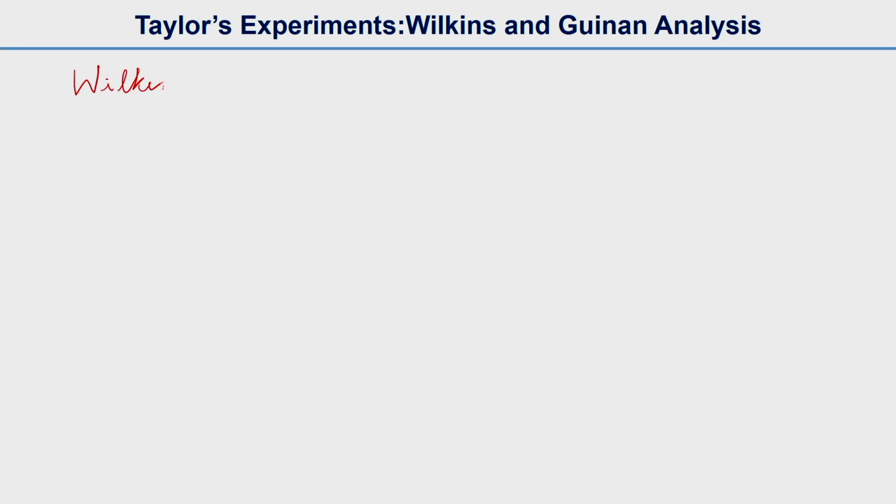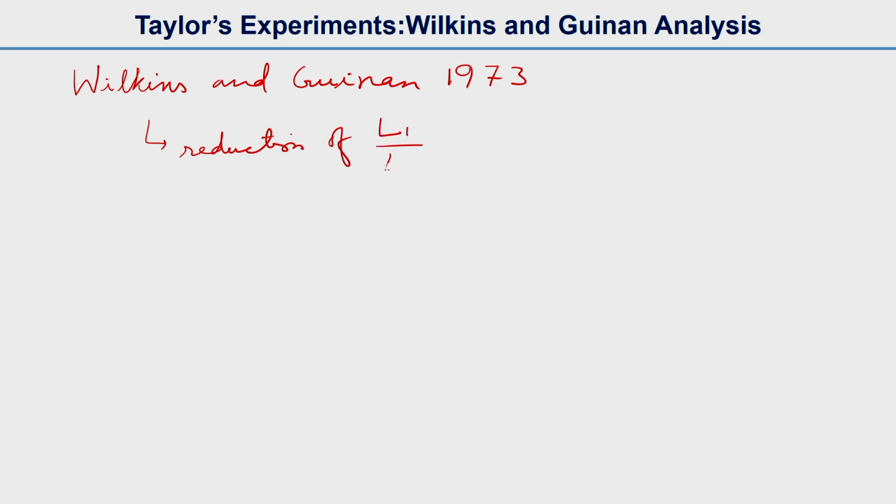Wilkins and Guinan in 1973 performed a simple mathematical analysis on the Taylor's test. They studied the reduction of the L1 by L0 ratio.